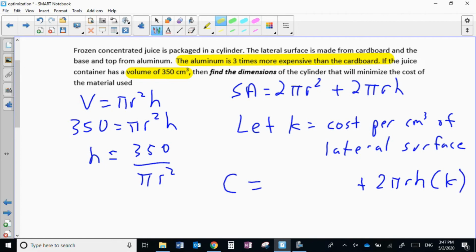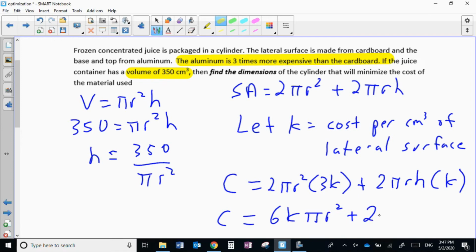But if the base and the top are 3 times more expensive, then we take 2 pi r squared and we times that by 3k. And then we can simplify that and it looks like this. 6k pi r squared plus 2k pi r h is the cost of making the can.